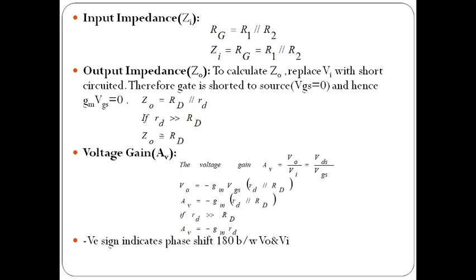Then looking from the RD resistor, Z0 equals small rd parallel to capital RD. If the dynamic resistance rd is much greater than the capital RD, then Z0 is almost equal to the capital RD value.